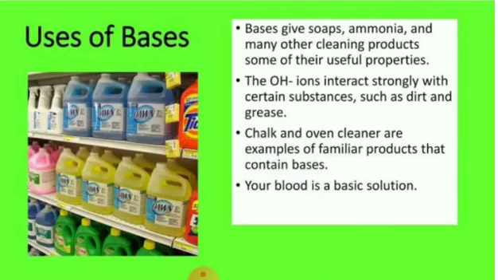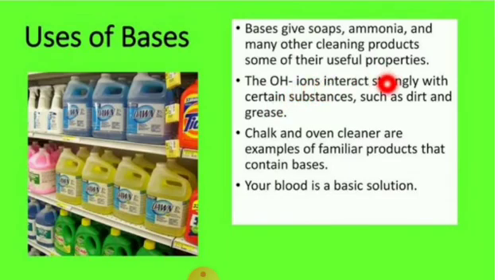Let us see the uses of bases. Bases give soaps, ammonia and many other cleaning products some of their useful properties, right? Next, the OH ion interacts strongly with certain substances such as dirt and grease. Soap is made from a base. Where do we use soap?